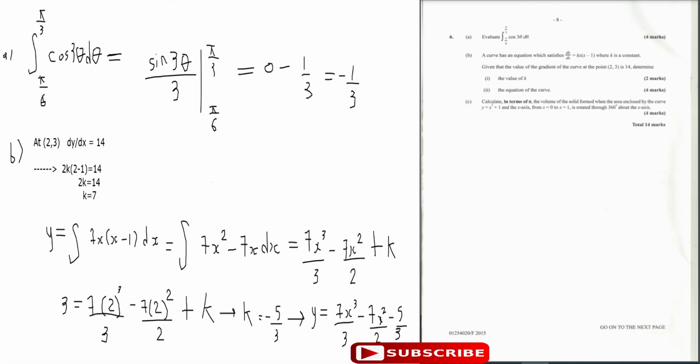Yes, so this is indeed correct. So this equation is correct. All right, nice and easy. That takes care of part B. So this is the equation of the curve.